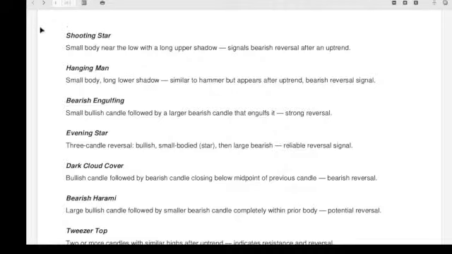All right, maybe here. Oh no, my bearish candlestick detector. Come on, come on, come on.